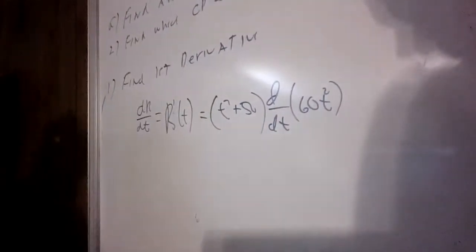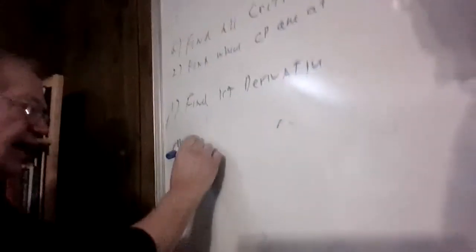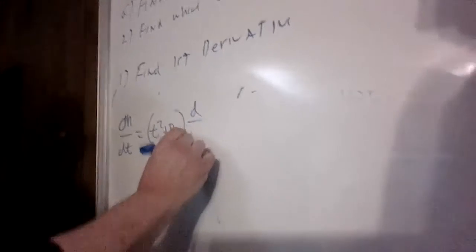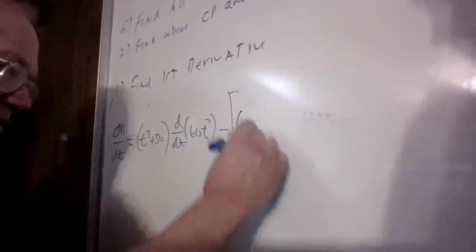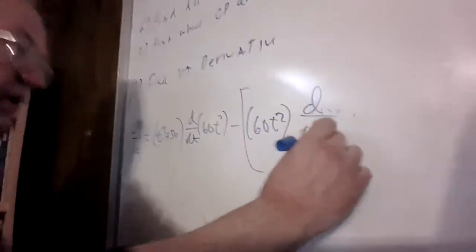Let me erase this and give myself some more room here. Start back here. dR/dt equals the bottom times the derivative with respect to t of the top, minus, I put a bracket here because of the minus, the top times the derivative of the bottom.